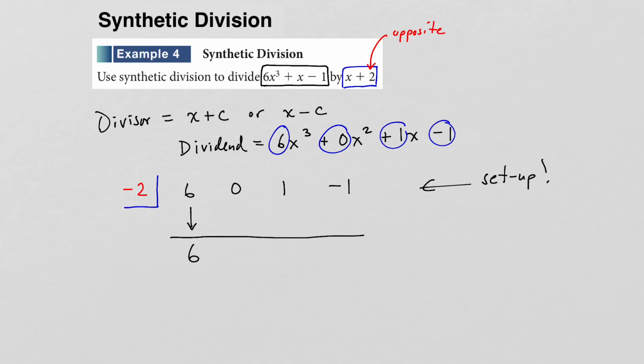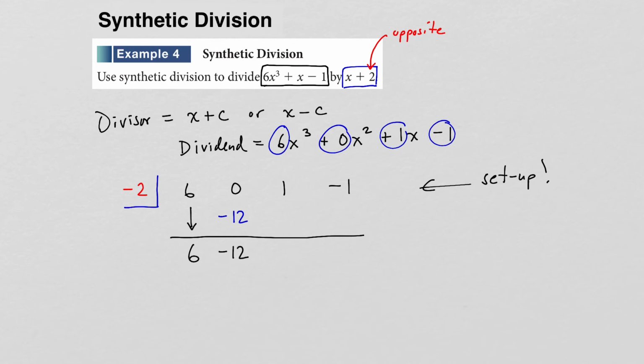Now, the way this works is very simple. You're going to take the number in the box, and you're going to multiply it by this number here. So negative 2 multiplied to 6 is negative 12. And then these two numbers you are going to add. 0 plus negative 12 is negative 12.